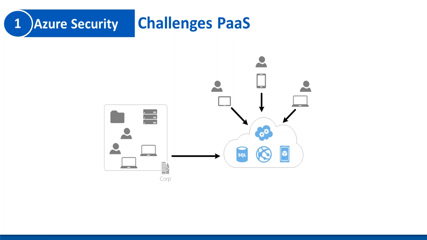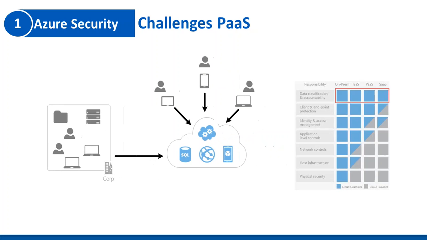Now, important to remember here is that that cloud is not just a vague, opaque cloud. It consists of services, and each of these services has its own security requirements. Now, in terms of PaaS, when we look back at the previous slides, you'll remember that you are responsible for the application and data. However, because of the different services that you can consume as a PaaS, what does that mean?